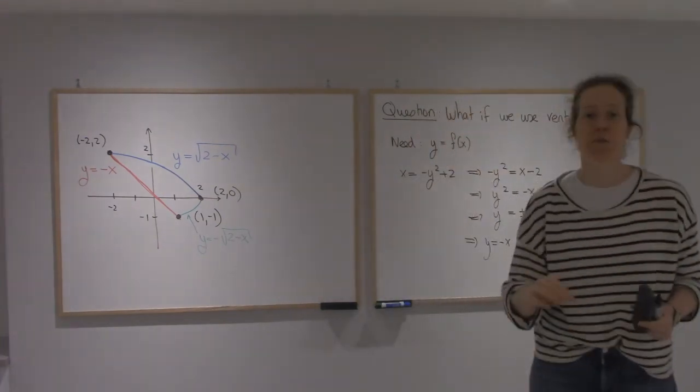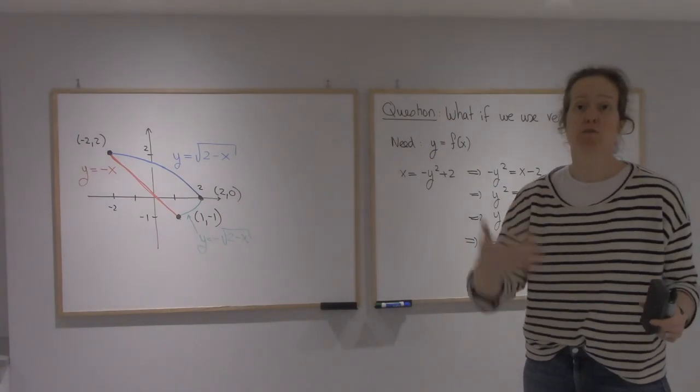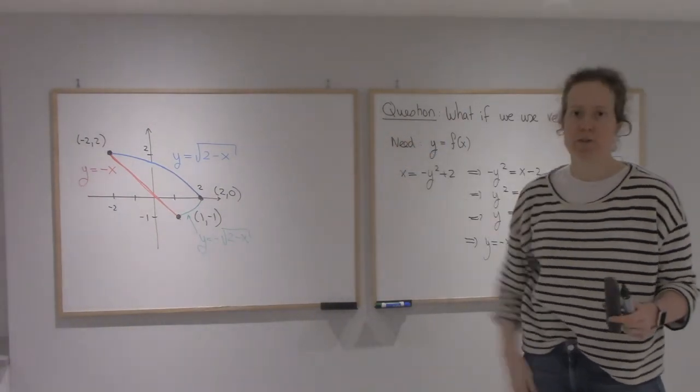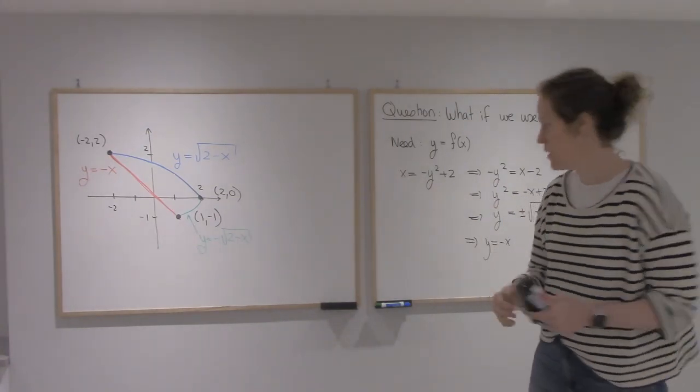Alright, so at this point we have the graph set up the way we need it for vertical slicing. We know the curves are y equals a function of x. We have all intersection points, so we're ready to set up the integral.